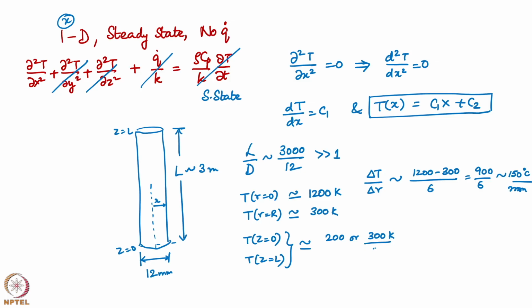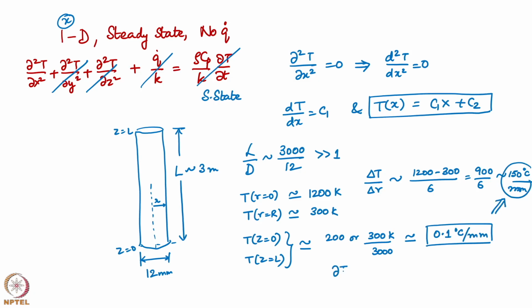The length is about 3 meters, which is 3000 millimeter. So, this is of the order, let us say 300 Kelvin, it is 0.1 degree C per millimeter. Which one is large, 150 or 0.1? This is much larger. What does it mean?